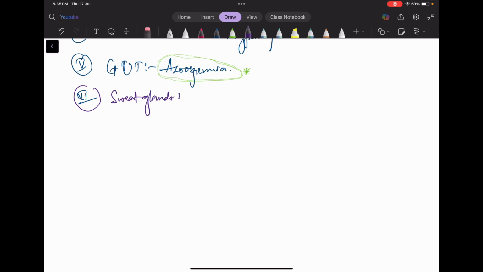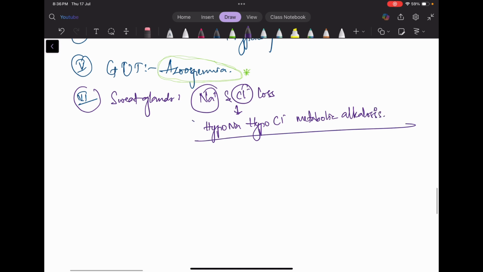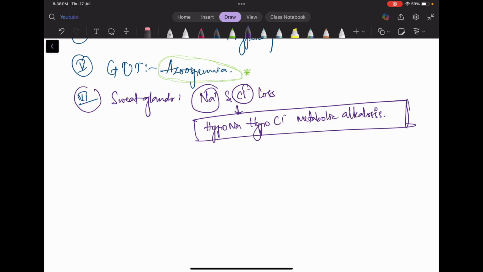There is a loss of sodium and chloride in sweat, which leads to hyponatremia, since sodium is being lost. Then chloride is being lost, so hypochloremic metabolic alkalosis, right? Hope you won't forget this point. It's all in the name.